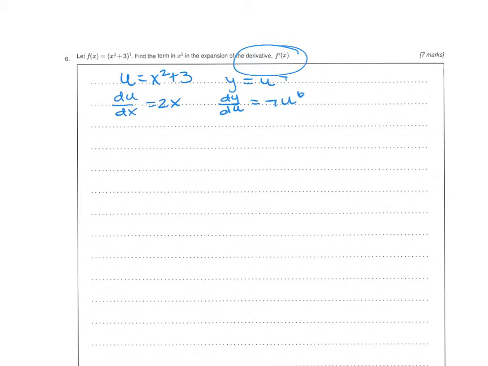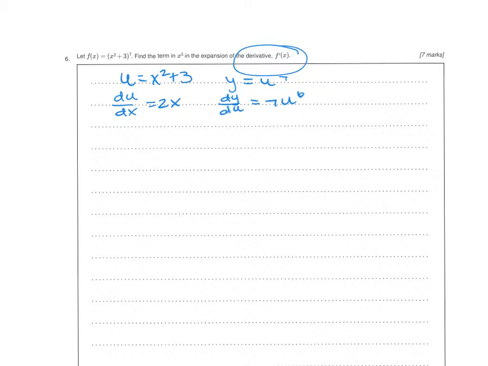Okay, so this says, find the x to the 5th term in the expansion of the derivative. So before we can do anything about the expansion, we need to find out the derivative, f prime of x. To differentiate, we're going to have to use the chain rule. So du dx is 2x, dy du is 7u to the 6th.